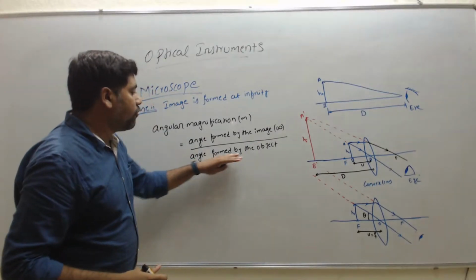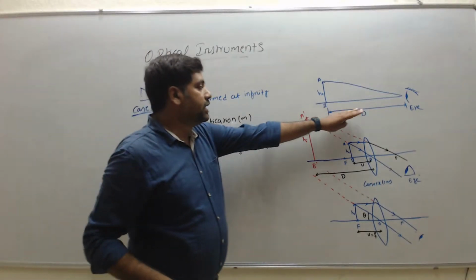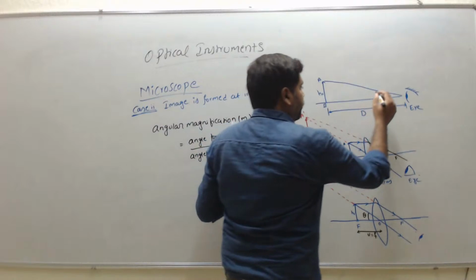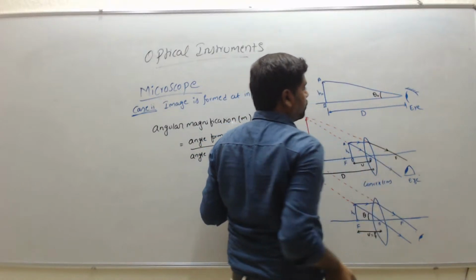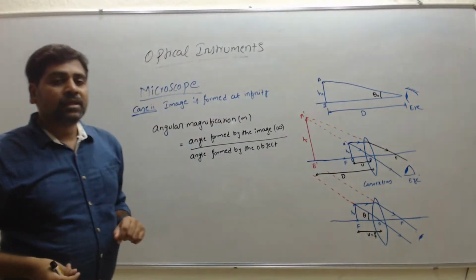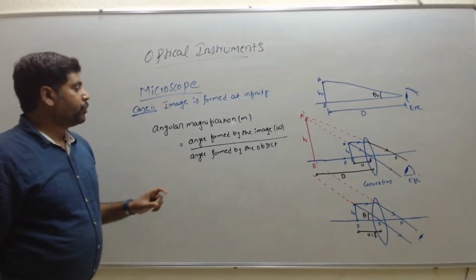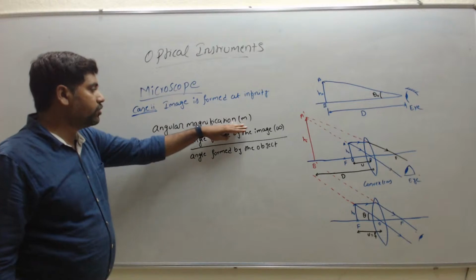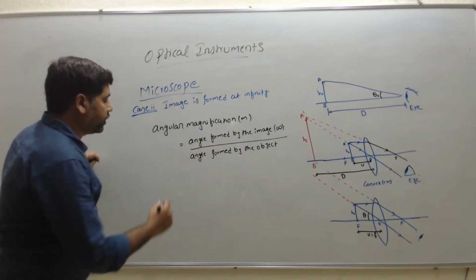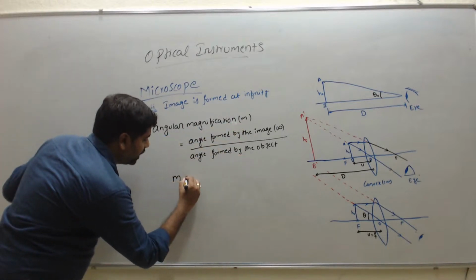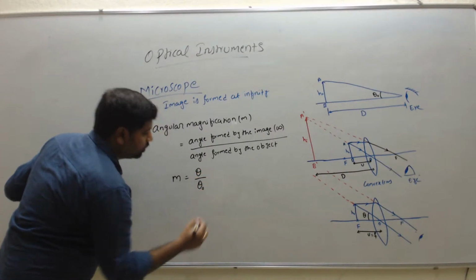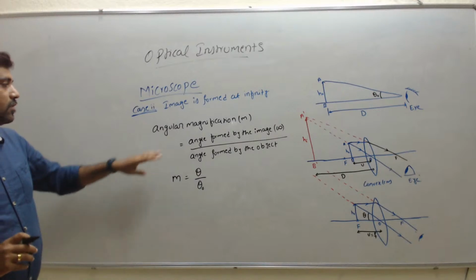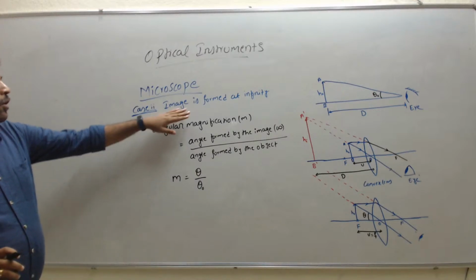Next, the angle formed by the object at the least distance of distinct vision, that one we take as theta naught. So this gives the angular magnification. So m is equal to theta divided by theta naught. This is the angular magnification.